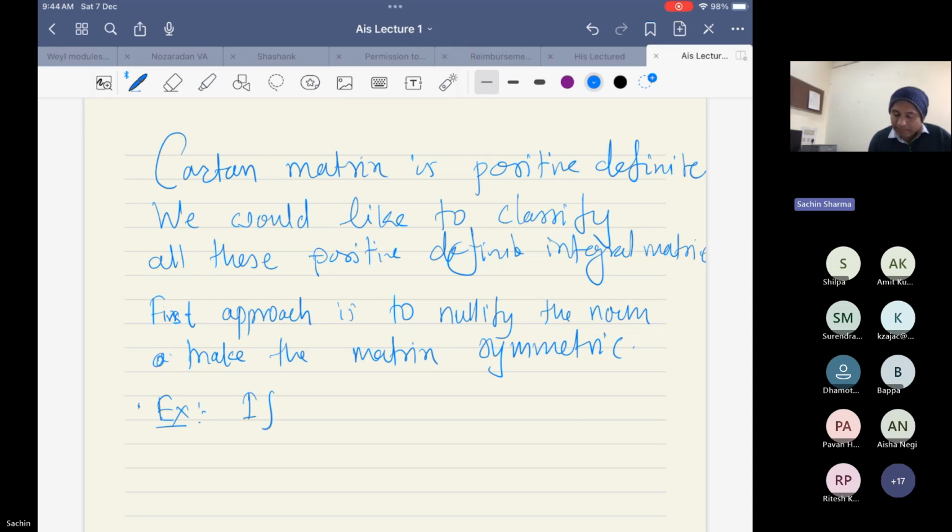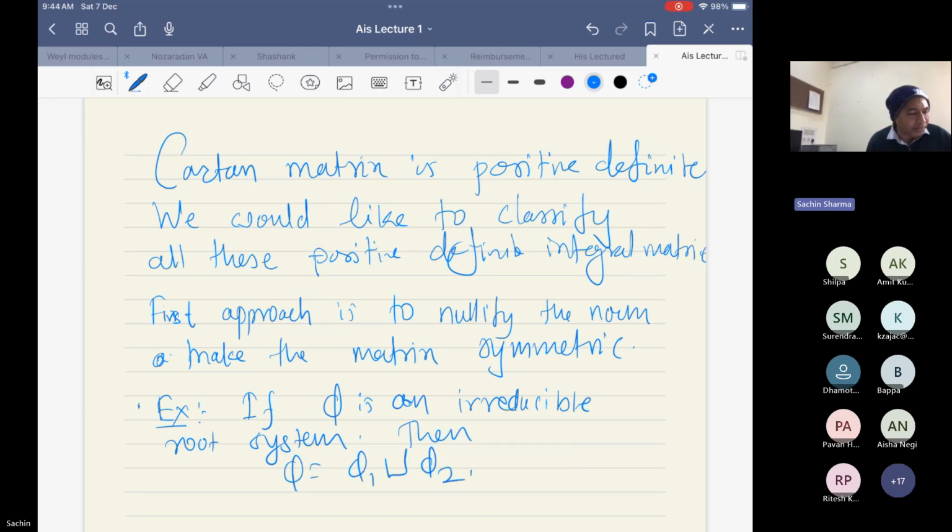If phi is an irreducible root system, then you cannot have phi equal to phi 1 union phi 2.